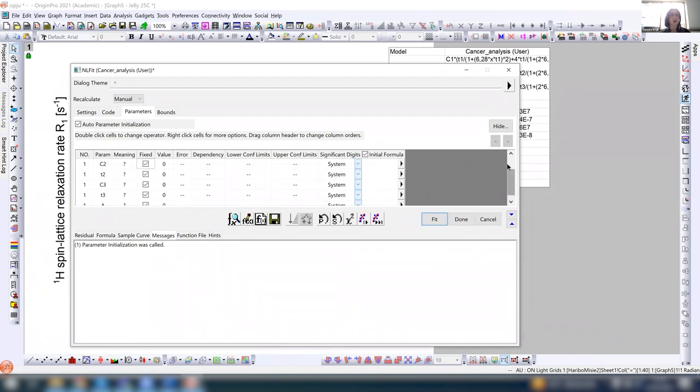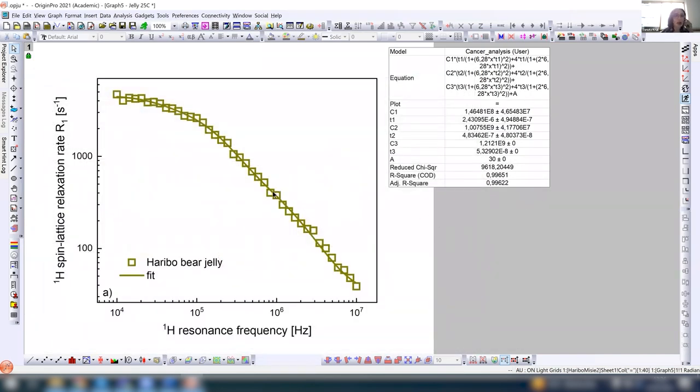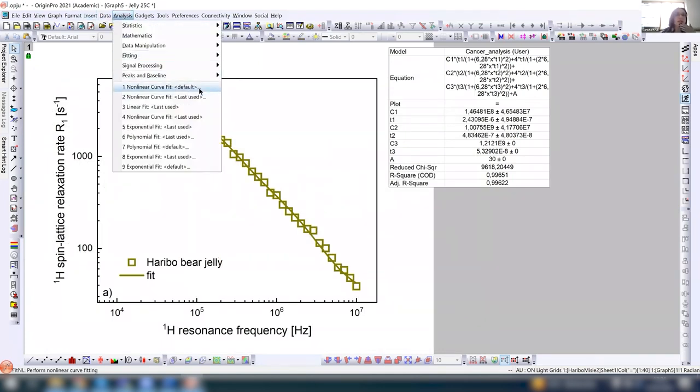And let me draw this first contribution. So it's 1.465 power 8. And this one is 2.33 -6, and I will make them fixed as well. Yeah. So, sorry, I have to do it again. Analysis.